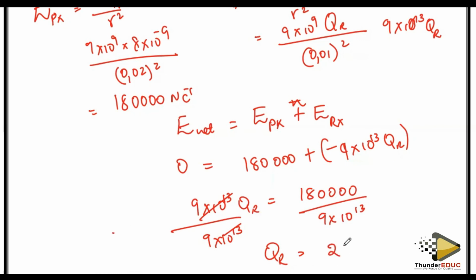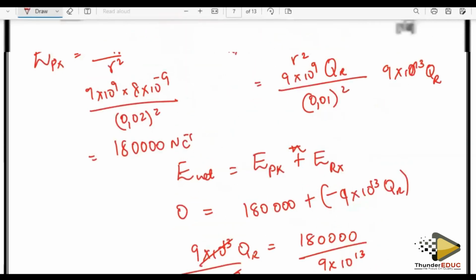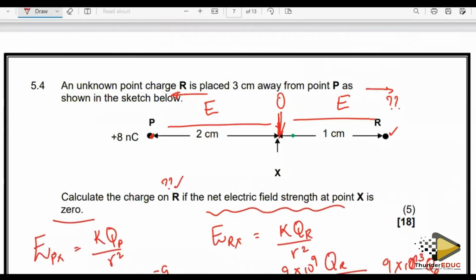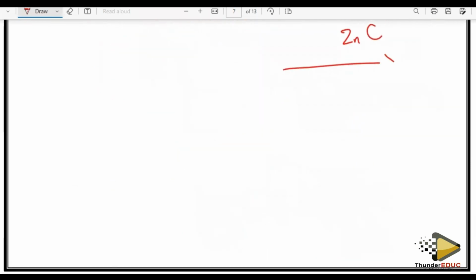So I'm having 2. So that can also change to nano. Alright, so that would be that.